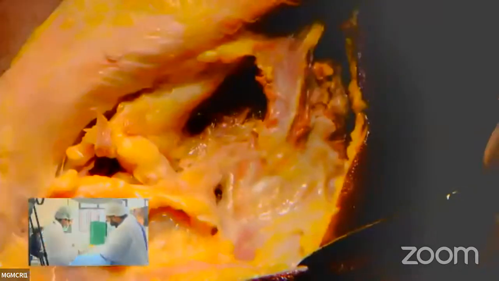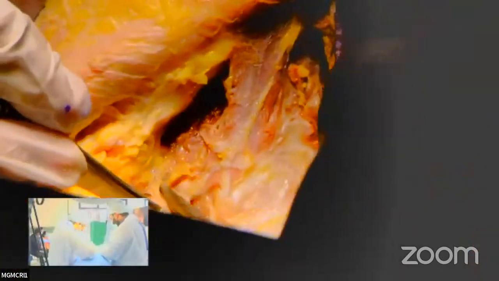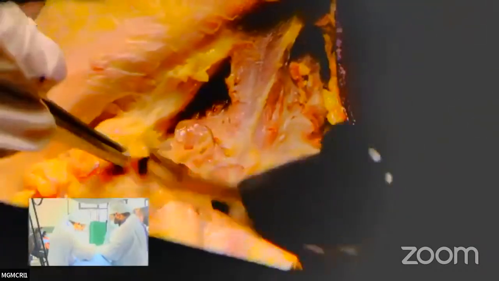So this is your anterior belly of digastric becoming tendon. See, sir? Now you have to identify the border of the mylohyoid, and my assistant will retract the mylohyoid.